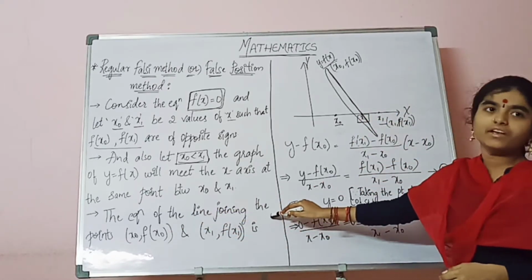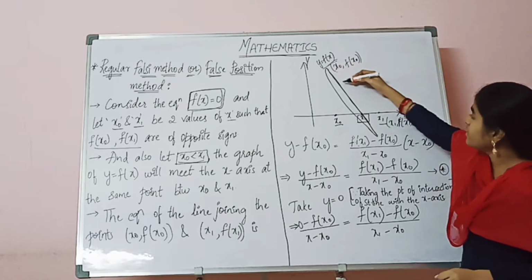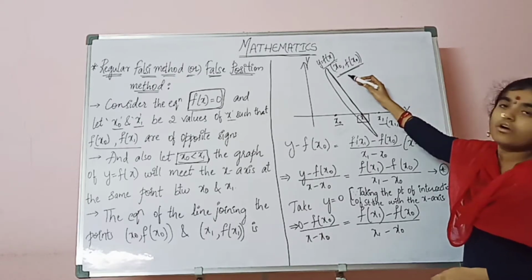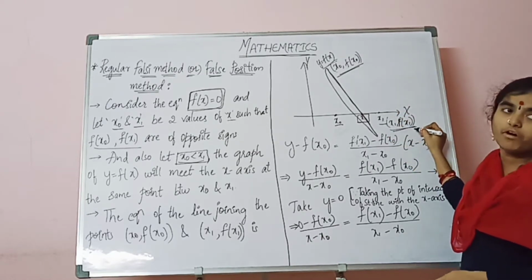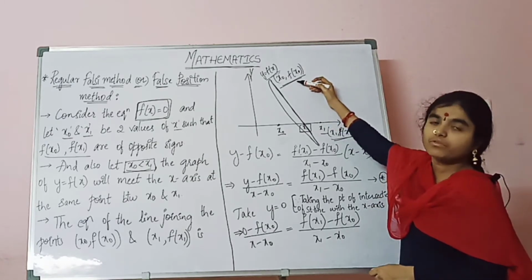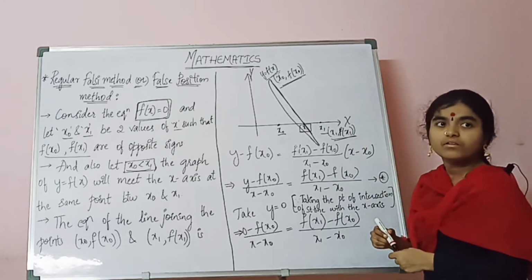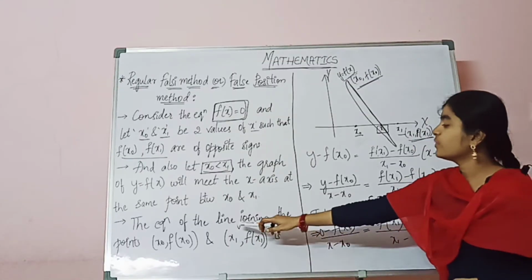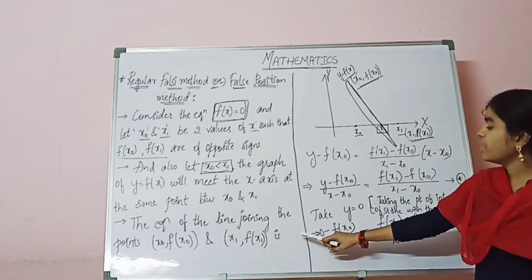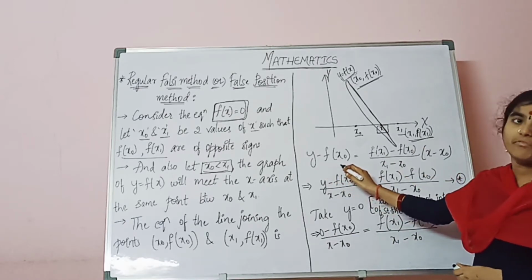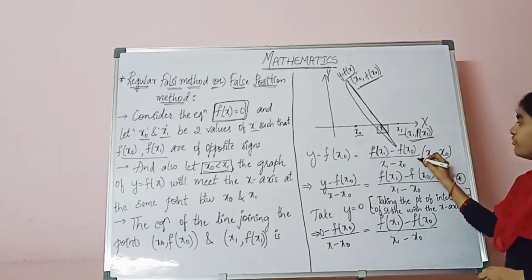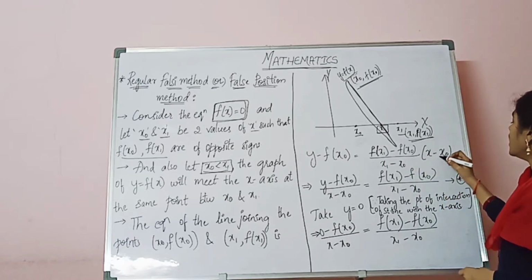Then the equation of the line joining the two points x0, f(x0) and x1, f(x1) is y minus f(x0) equals f(x1) minus f(x0) by x1 minus x0, into x minus x0.